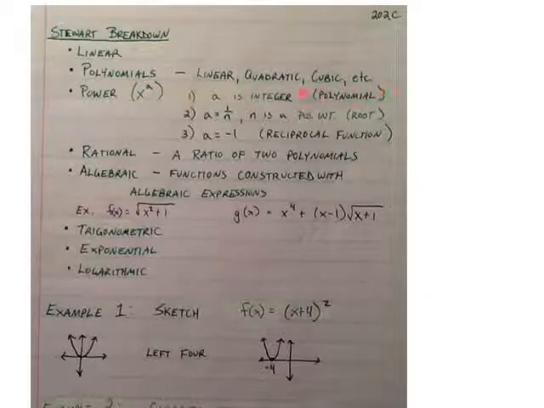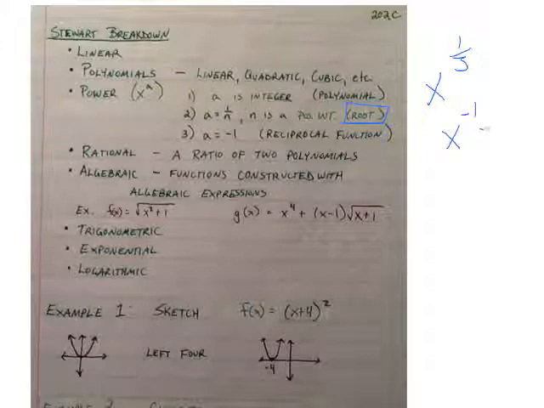That would be a polynomial. Next we have where a is equal to 1 over n. So for example, we might have x to the 1/3, and that's a root function. And then finally, if we have x to the -1, we know we could translate that as 1 over x, and that's the reciprocal function.